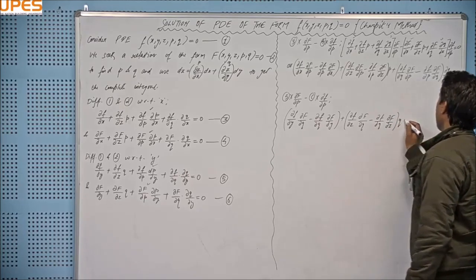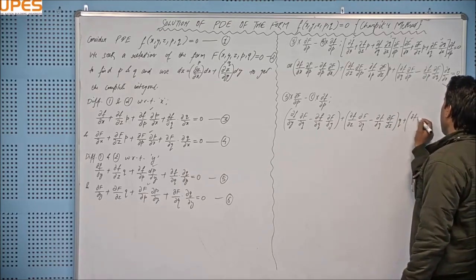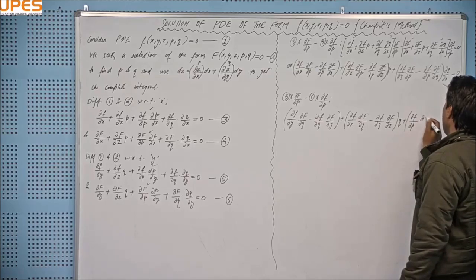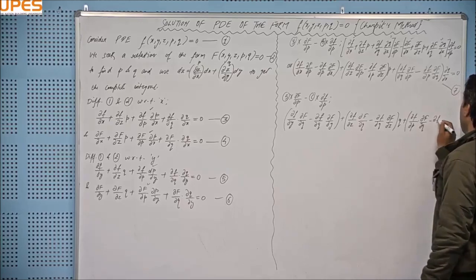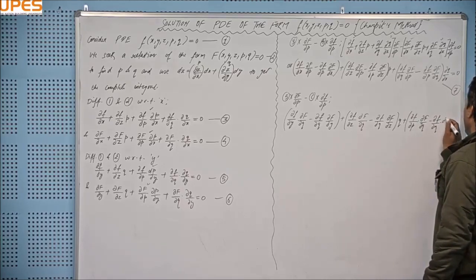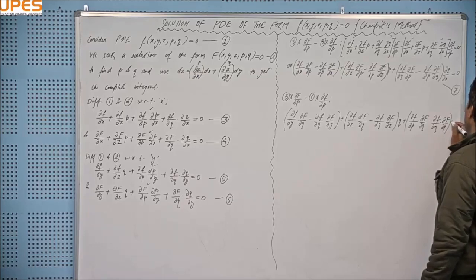Plus ∂f/∂p ∂F/∂q minus ∂f/∂q and ∂F/∂p, and this will be ∂p/∂y is equal to 0.